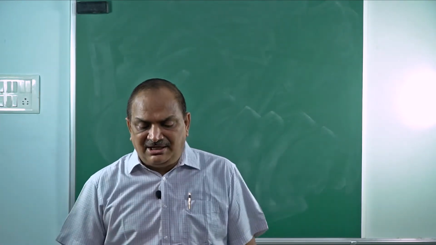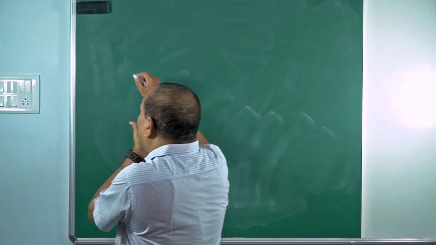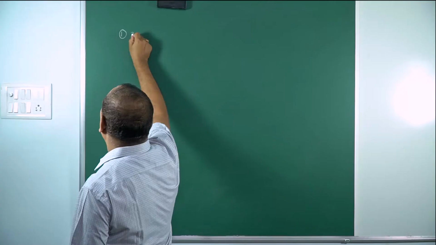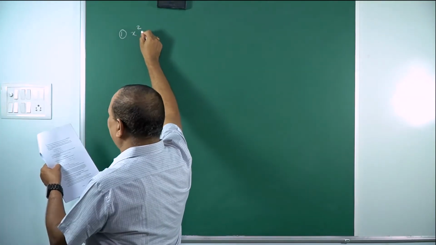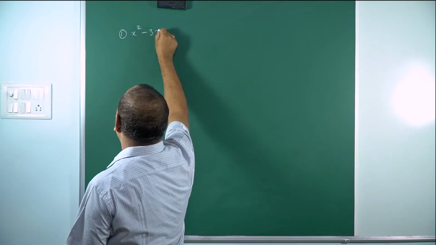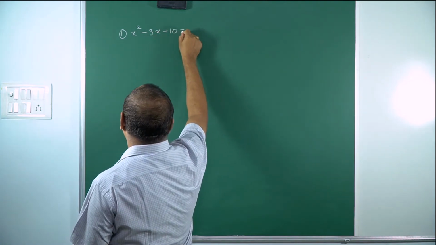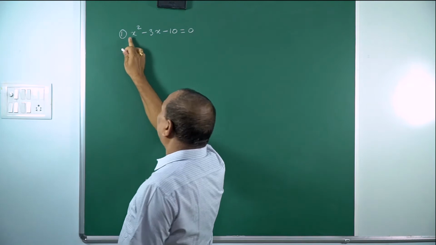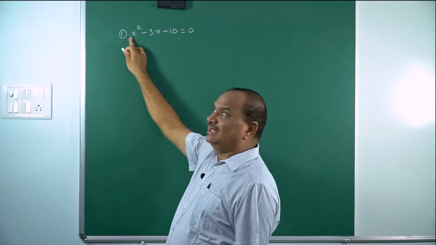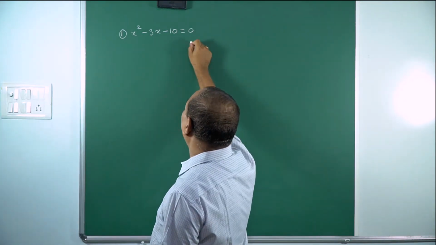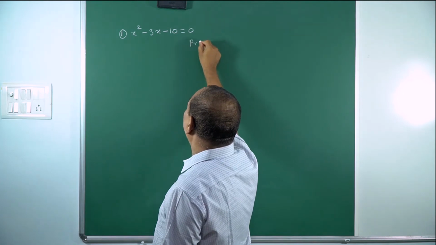Let me do one problem to make you understand that. This is 4.2, x square minus 3x minus 10 equals 0. Here the coefficient of x square is 1 and the product is minus 10.